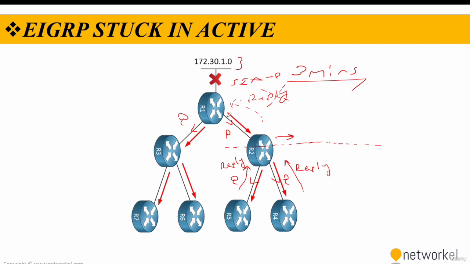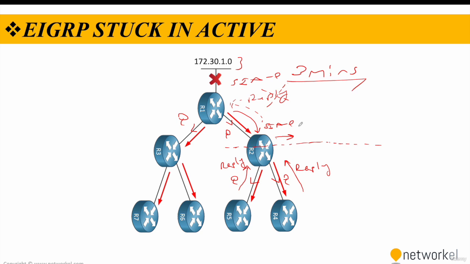If router 1 does not hear back a reply from router 2 within 90 seconds this time, it will send an SIA query packet to router 2, and it will mention, hey router 2, I have sent you some query packets but I didn't hear back from you. What is going on really?